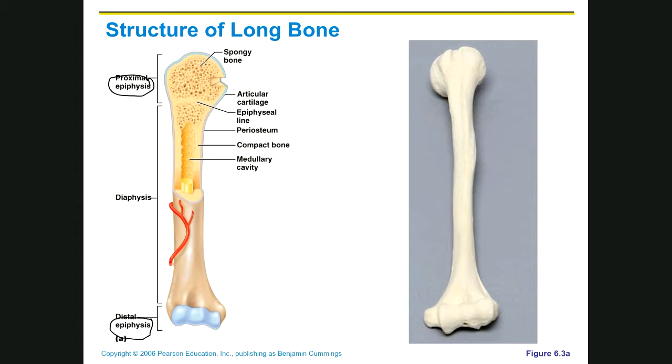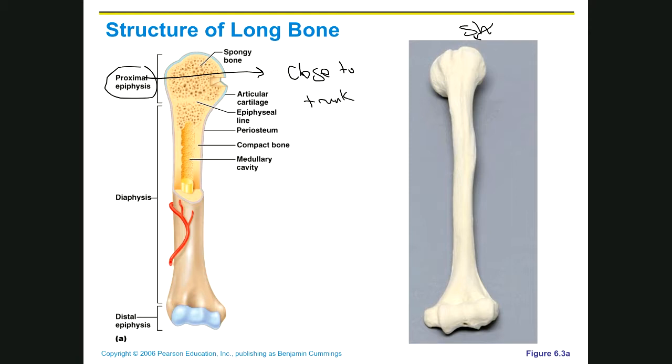To differentiate them, we name one of them the proximal epiphysis. And remember, the word proximal means close to the origin or close to the trunk. So this is the end that's closer. Right here is where your shoulder is.